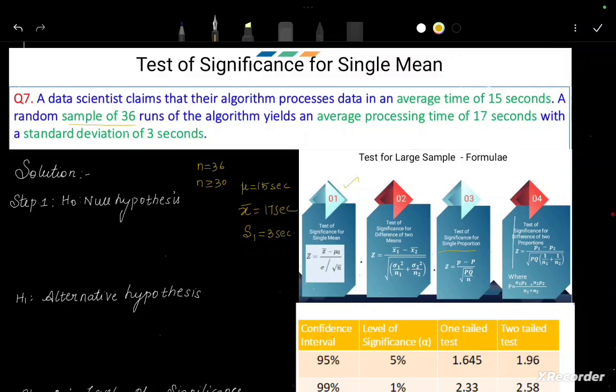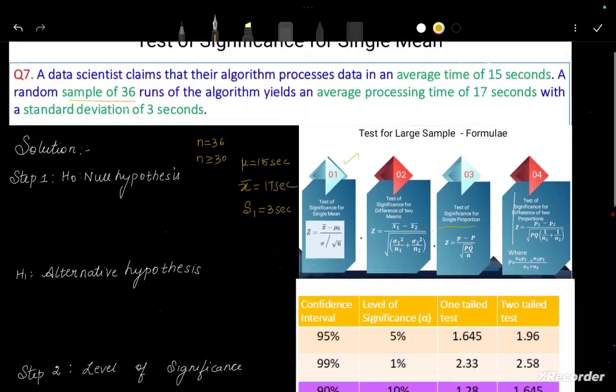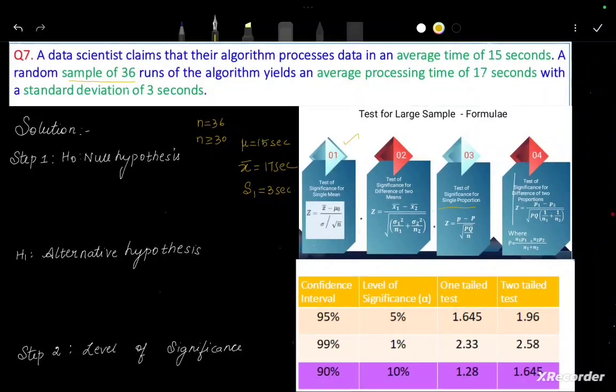Now, as usual, we'll write step 1, step 2 and step 3. Step 1 is your null hypothesis. As usual, what do you state as your null hypothesis? There is no significant difference, because you are going to compare here the sample and the population mean.